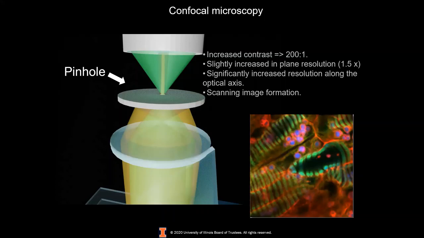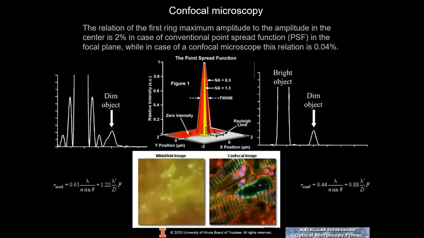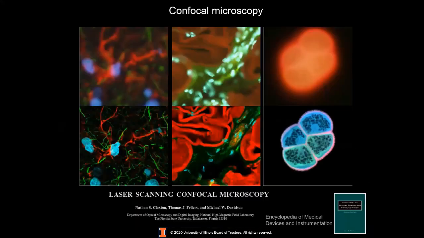Besides this increase in the contrast ratio, the confocal microscope also has a slightly increased lateral resolution. In the end, the image quality of the confocal microscope is quite a bit better than that of the wide field, just by eliminating that out of focus fluorescence light.